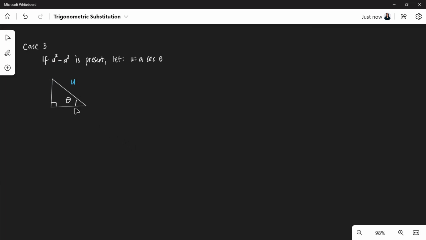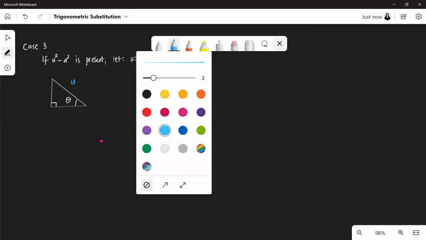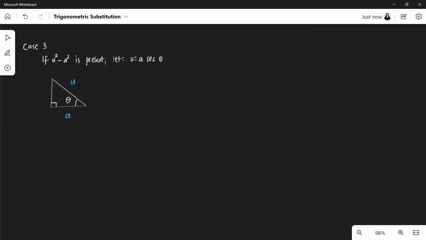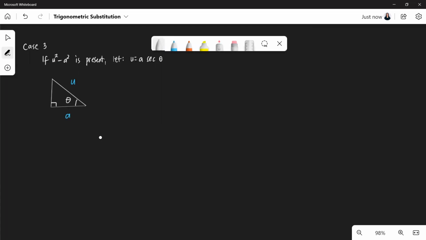If we put the a on the adjacent side of the right triangle, then we'll be using secant. So it would be better to use secant instead of cosecant. So we'll have the constant a on the adjacent side, and this is the hypotenuse.